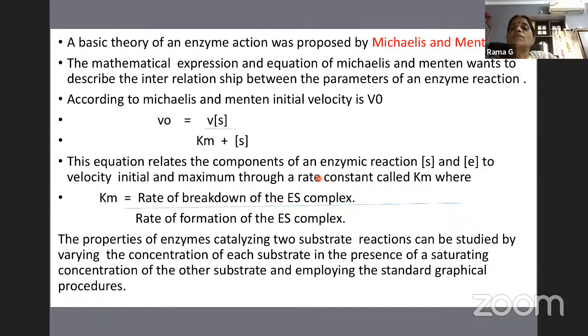And the rate of formation of ES complex is initially slow. That means ES complexes are very few at the transition state, so the breakdown of ES complex is also very low at the starting rate. So Km means breakdown of ES complex divided by formation of ES complex.